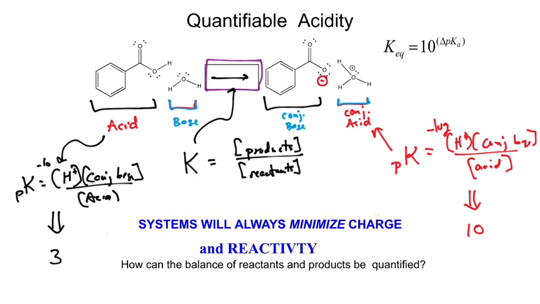What does that mean for us? We said a large K value for the black meant we favored products. What does the pKa value mean?